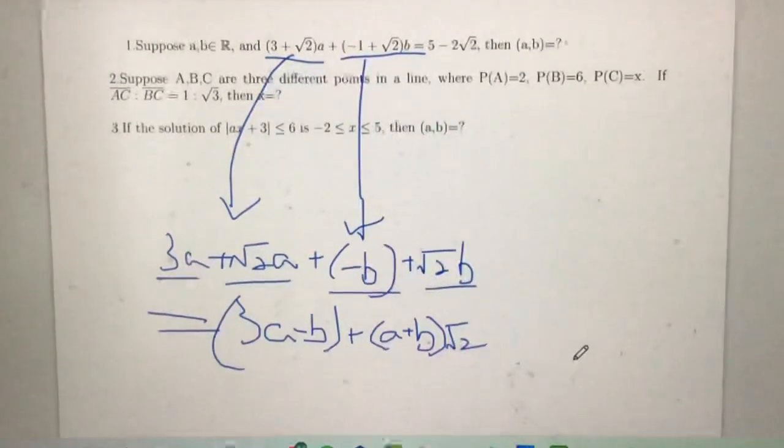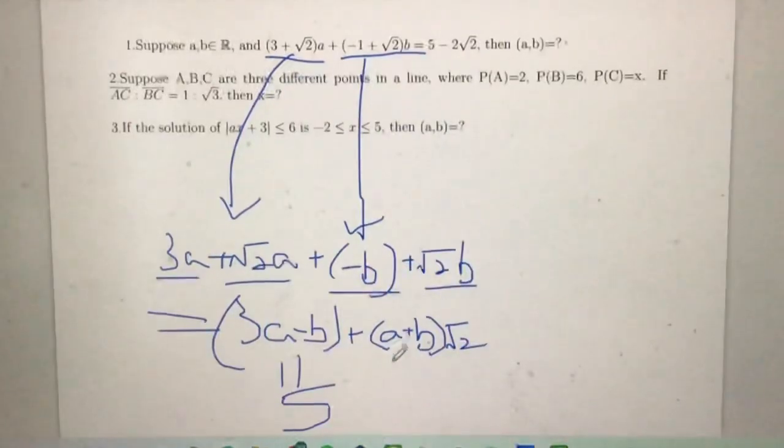And so we can find that this 3A minus B will equal 5, and this A plus B will be minus 2. So we can solve this equation: 3A minus B equals 5 and A plus B equals minus 2.